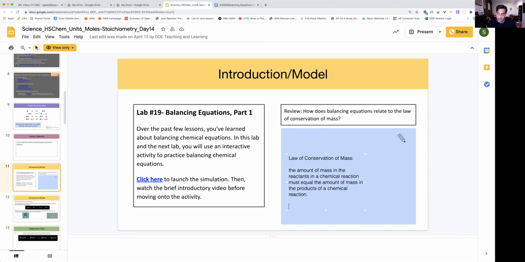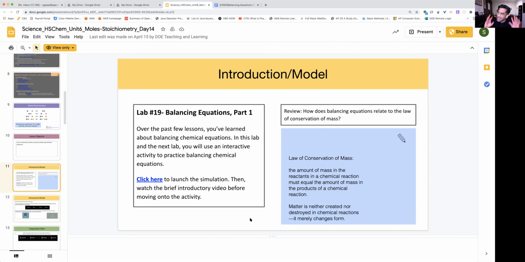In other words, here is the gist of it. Matter is neither created nor destroyed in chemical reactions. It merely changes form, okay?